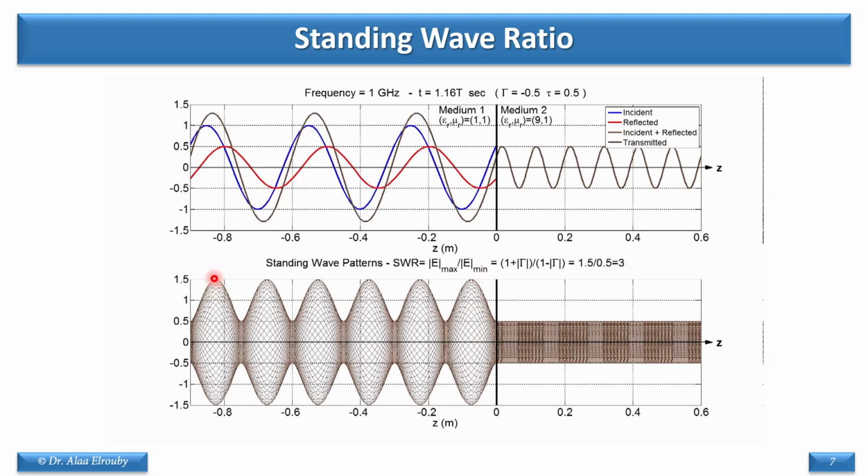The maximum here is 1.5 and the minimum here is 0.5, so the standing wave ratio will equal 3 in this case. If we go here, this is the transmitted wave, it's one wave with no reflected wave. All the wave is propagating in one direction, so the standing wave ratio equals 1. The max and min magnitudes are the same.